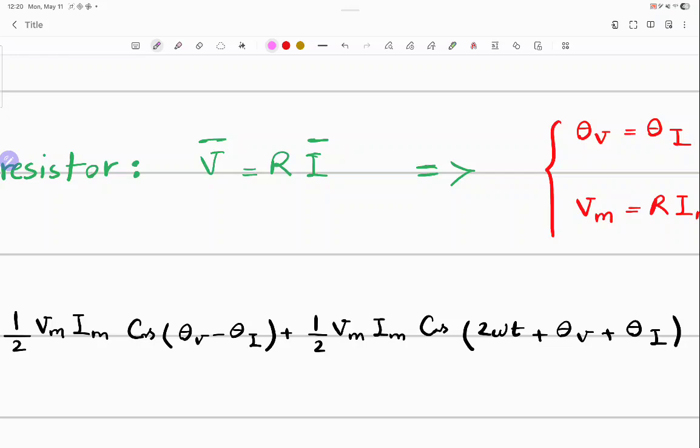Voltage phasor. Okay? What do you call R in this context? Impedance. It happens that it is equal to the resistance because it's a resistor. But generally it's called impedance. And what do you call I bar? Current phasor. So what is the expression for V bar?